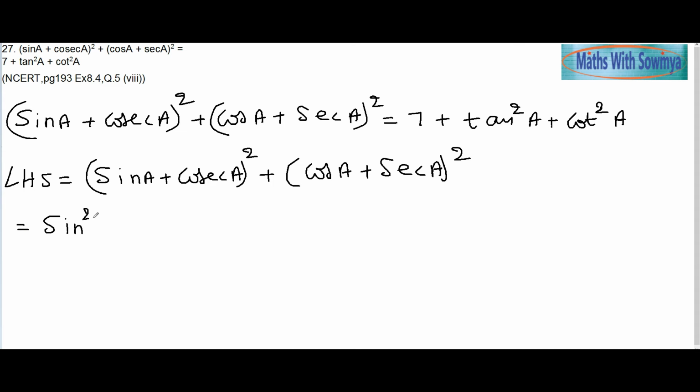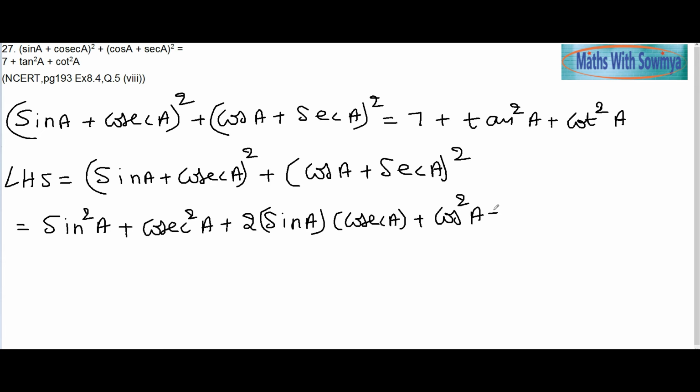We will get sin square A, which is A square, for B square cosecant square A, plus 2 into sin A into cosecant A. Similarly, for this, we get cos square A plus secant square A plus 2 into cos A into secant A. Now, sin square A plus cos square A, we can bring them together.